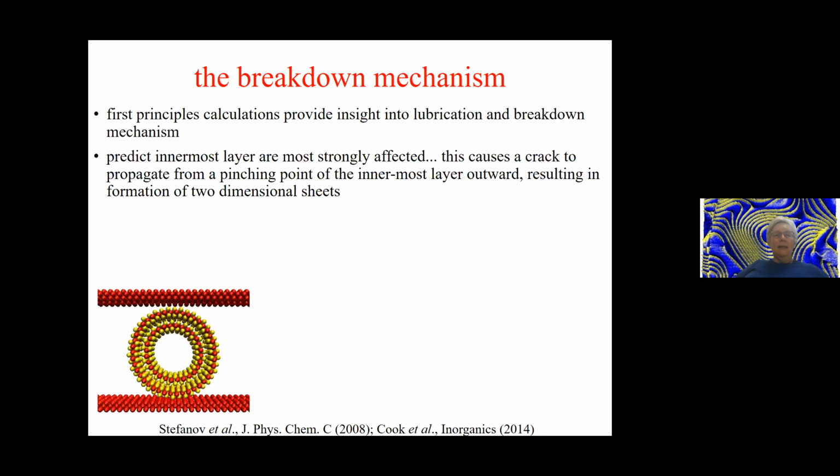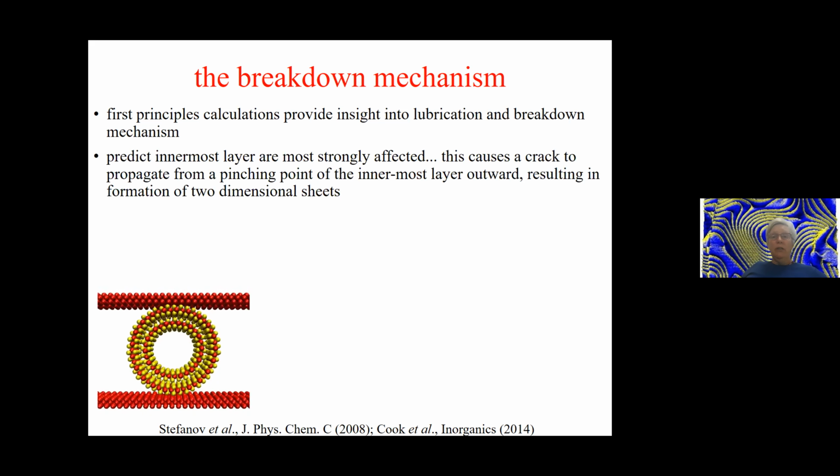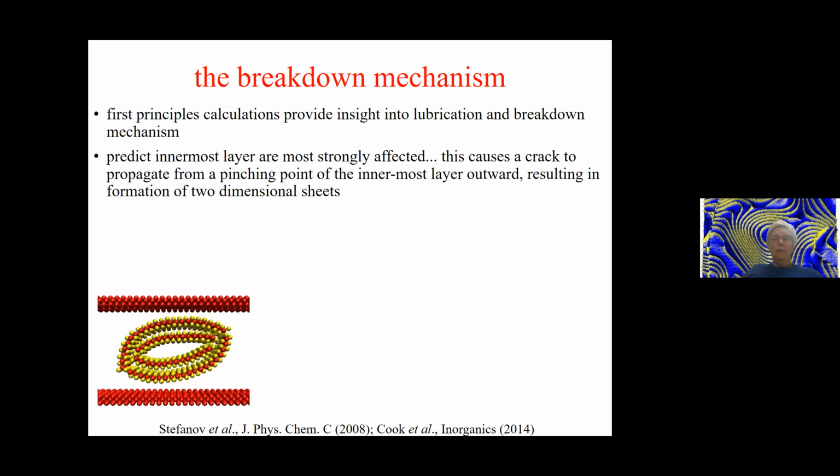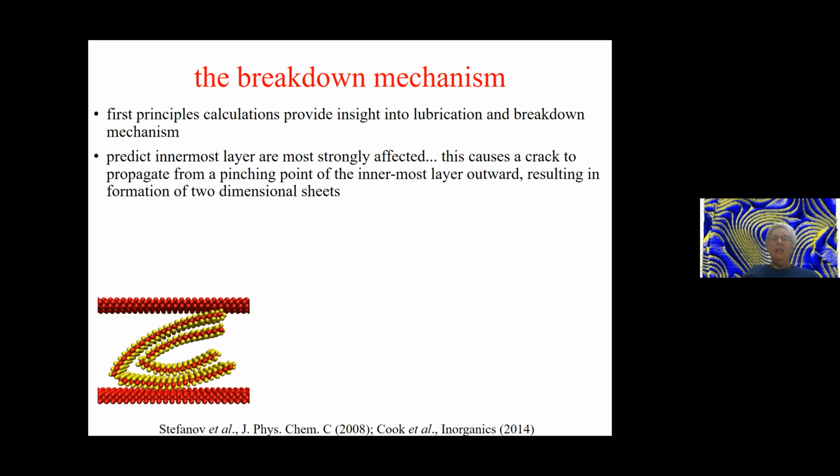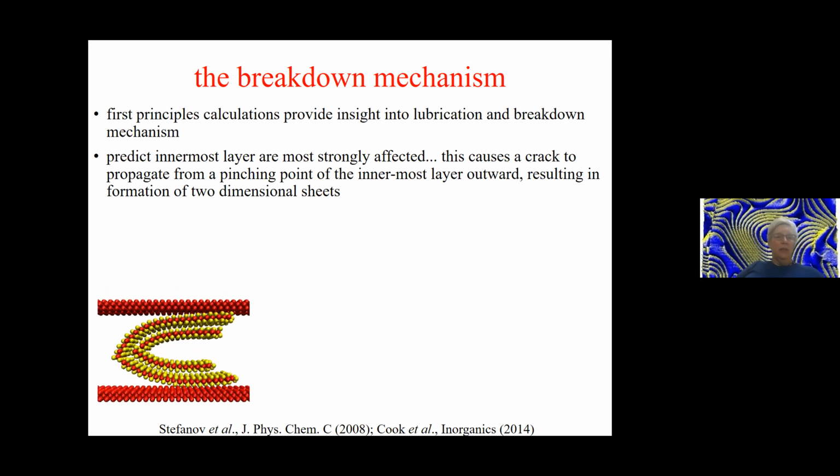And the idea is that they predict that the innermost layer is most strongly affected. So as you compress, there's a crack that forms and it propagates from the inside out from what's called a pinching point in the innermost layer. And then this results in the formation of very thin two-dimensional sheets, okay?